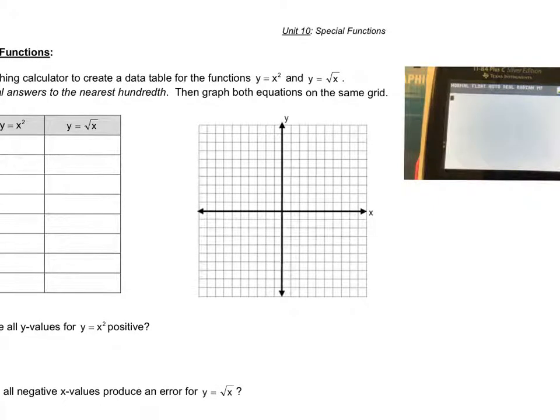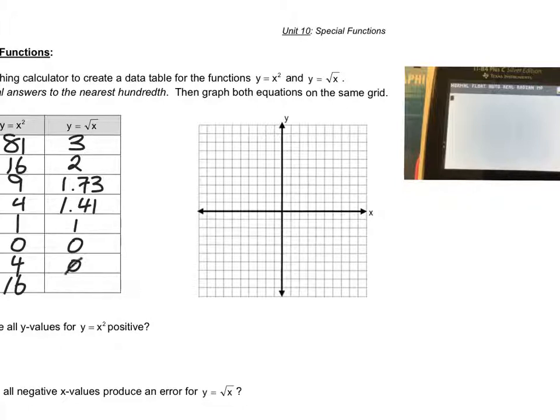So we have 81, 16, 0, 4, 16, 3, 2, 1.73, 1.41, 1, 0. It says error, but I'm not writing error. I'll write no solution.